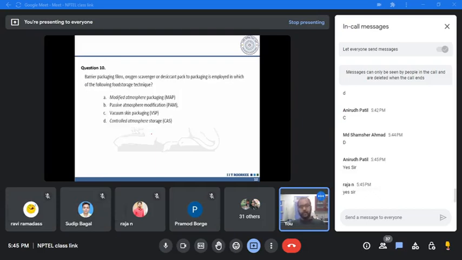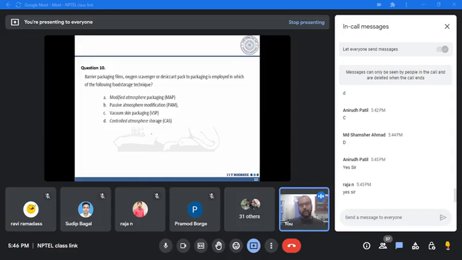And the 10th question. So this will be the last question. Barrier packaging film, oxygen scavenger, or desiccant pack to packaging is employed in which of the following food storage techniques?